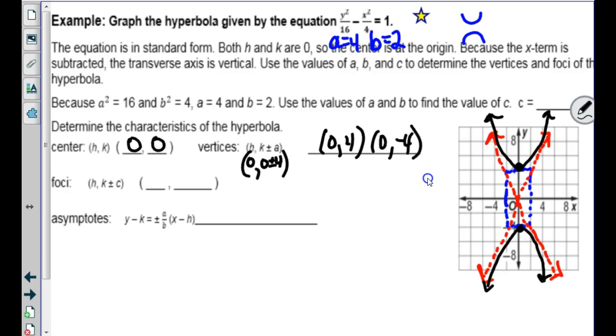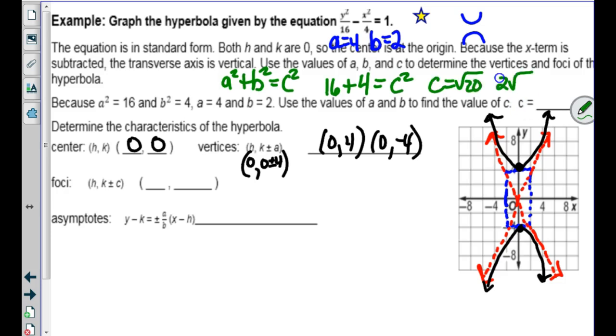All right. The foci, we need c. So a squared plus b squared equals c squared. a squared was 16, b squared was 4. So c squared is 20, or c is the square root of 20. 2 square roots of 5.